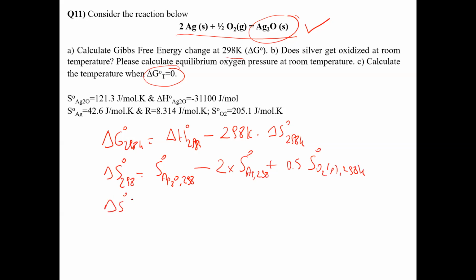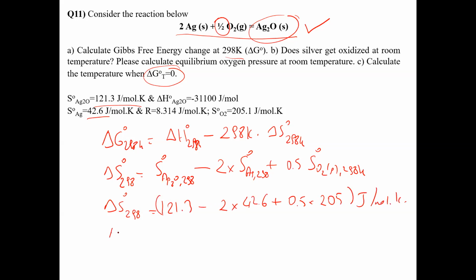So delta S 298 Kelvin is equal to, we know this value, 121.3 minus 3 times 42.6 joule per Kelvin plus 0.5, this is the coefficient half, 0.5 times 205 joule per mole Kelvin.